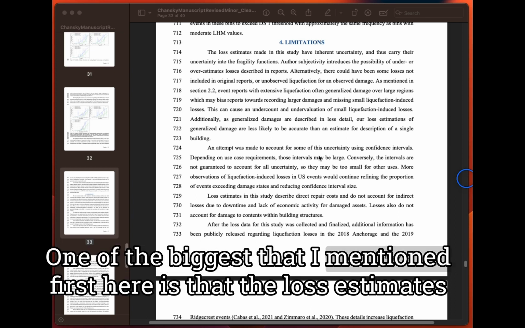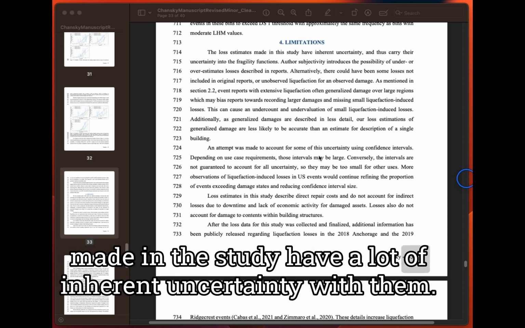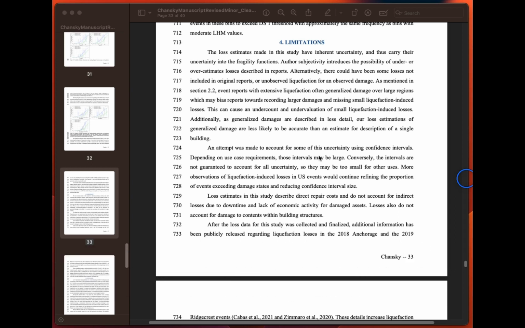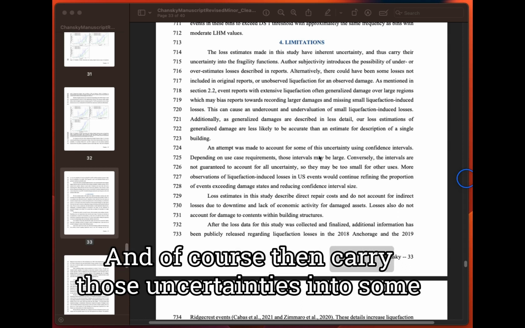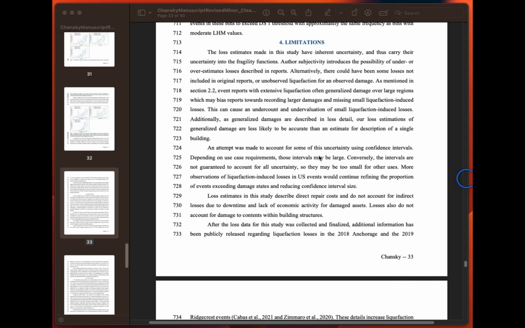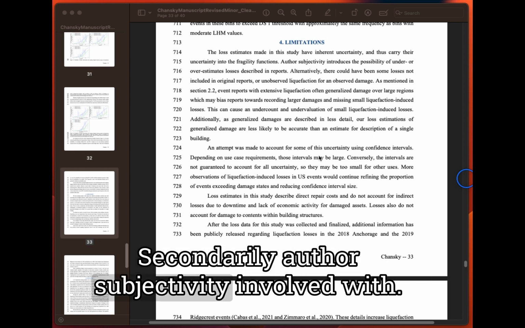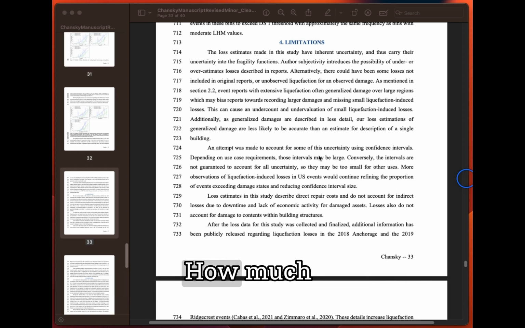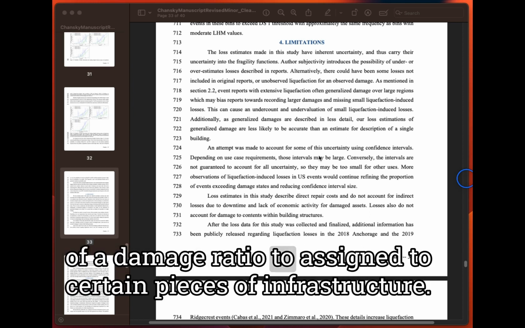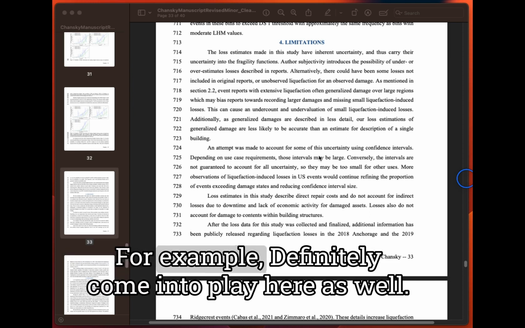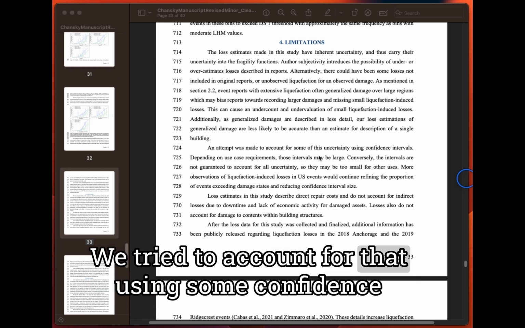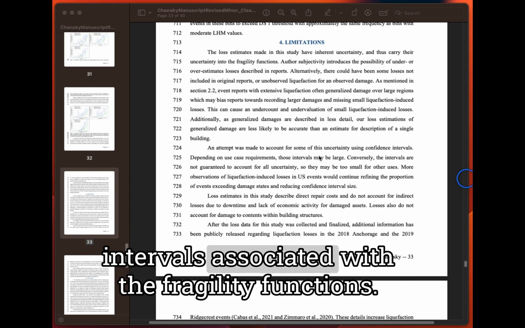One of the biggest that I mentioned first here is that the loss estimates made in the study have a lot of inherent uncertainty with them, and of course then carry those uncertainties into some of the fragility functions. Secondarily, author subjectivity involved with how much of a damage ratio to assign to certain pieces of infrastructure, for example, definitely come into play here as well. We tried to account for that using some confidence intervals associated with the fragility functions.